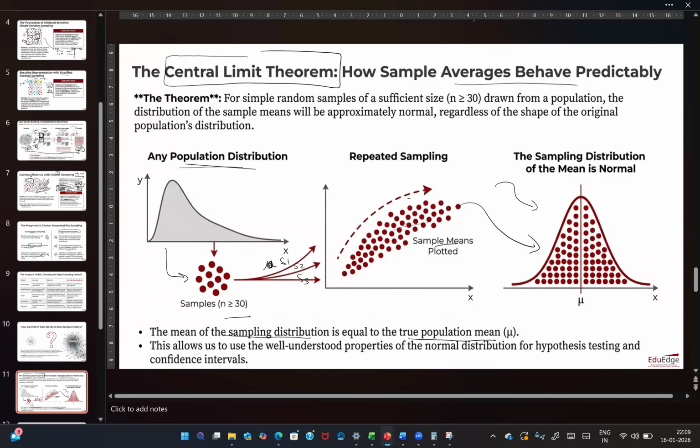This is the basis for selecting the normal distribution in many Monte Carlo simulations, because if you're running millions of simulations, even if the original population density is not normal, you end up getting a normal distribution. That's the power of the central limit theorem.